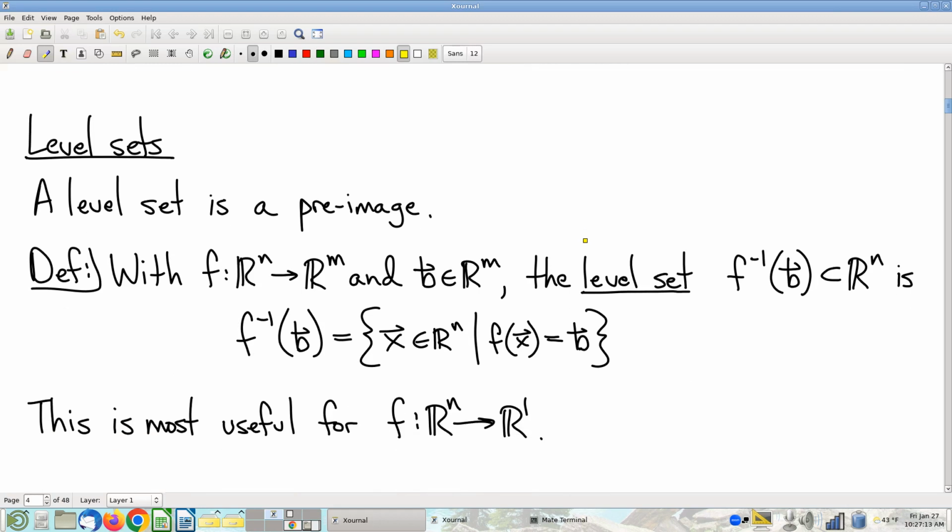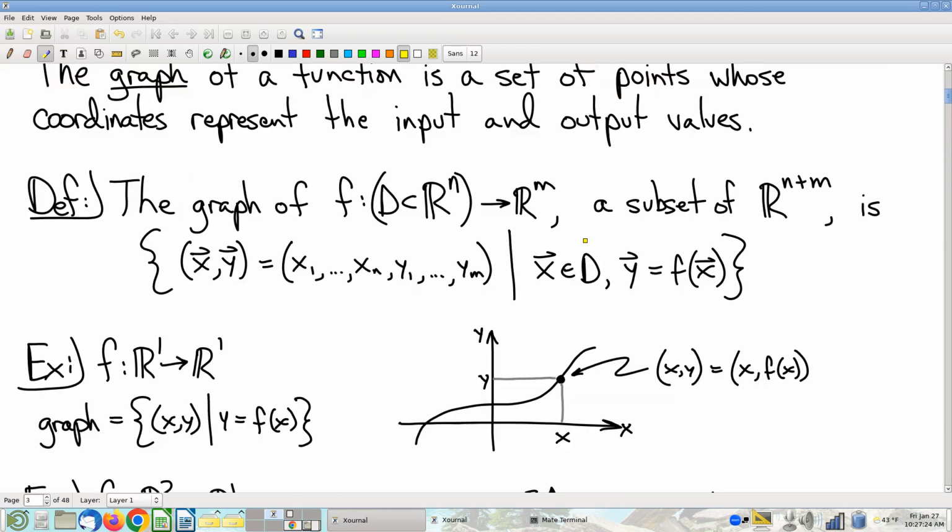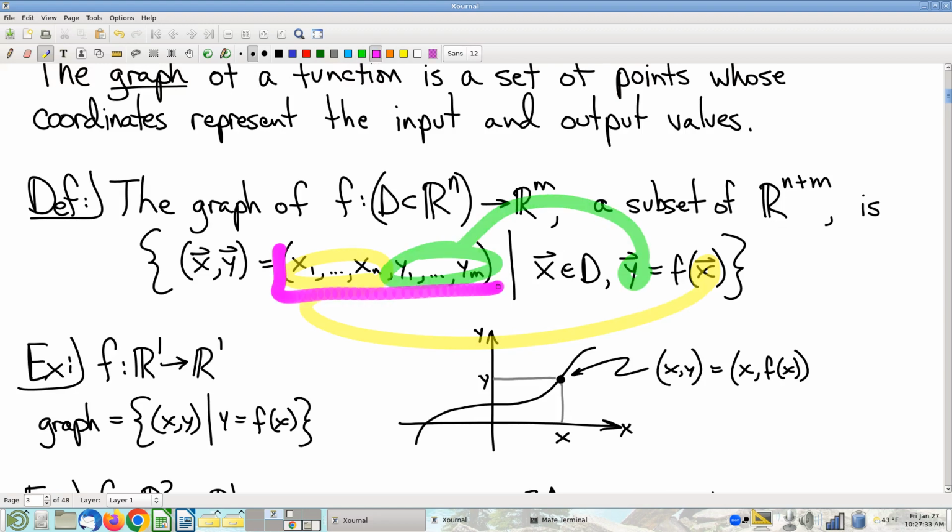This is another kind of picture. It's a completely different construction. I cannot emphasize enough: this is not the graph construction. The graph construction was this thing back here where you take the inputs and you take the outputs and you plop them down together as coordinates for the same point, right?